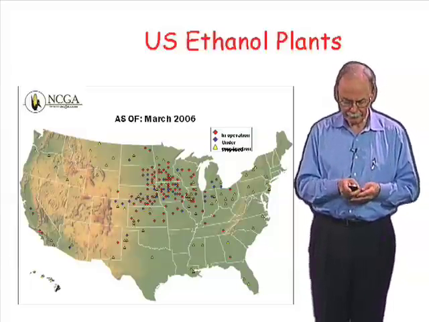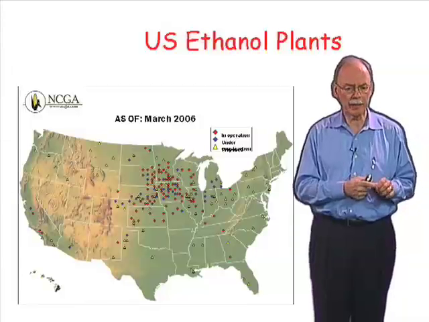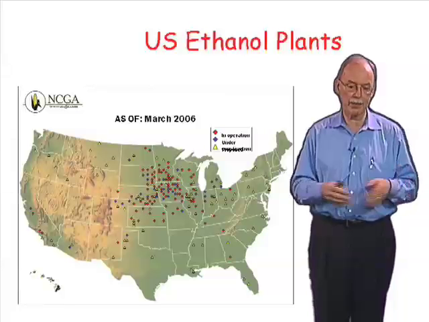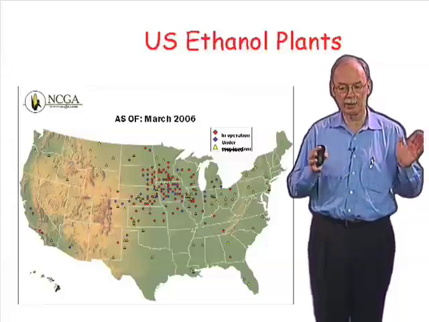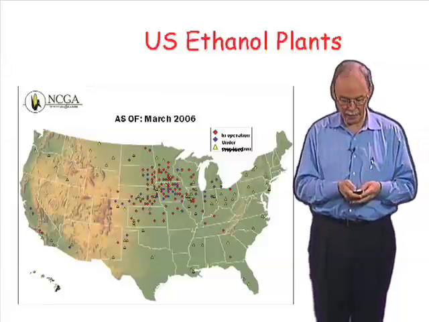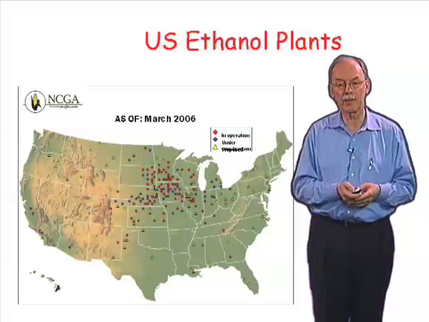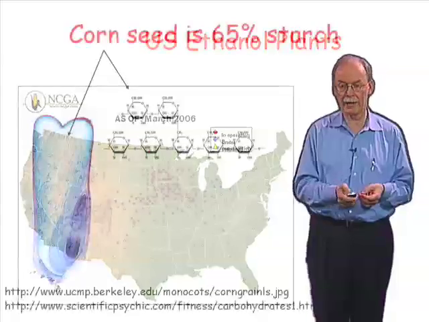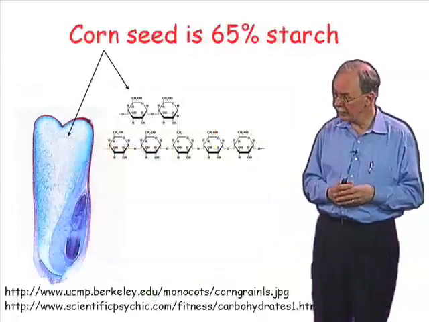And in general terms, these plants are mostly owned by farmers or farmer co-ops, and so farmers are gathering together to process their grain into ethanol, and these have proven to be very profitable because corn prices have been low for the last 25 or 30 years.